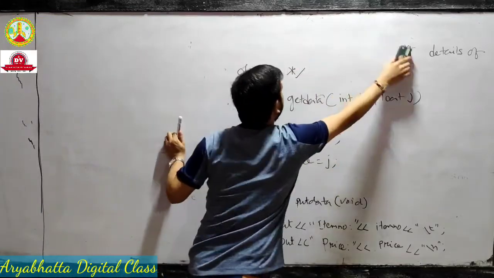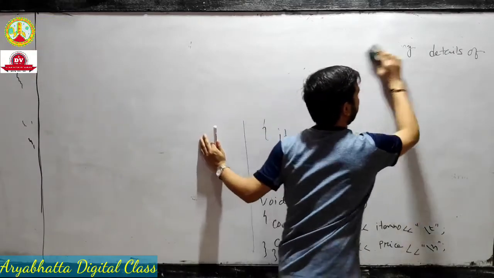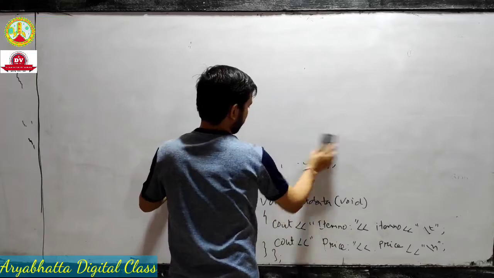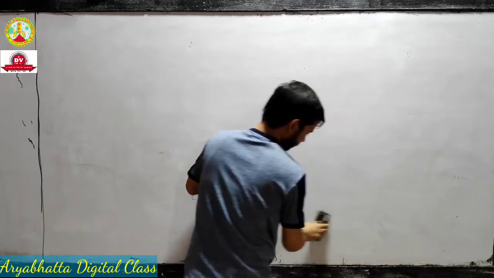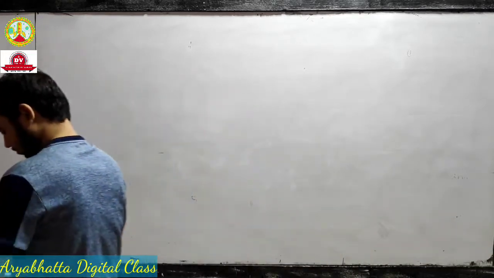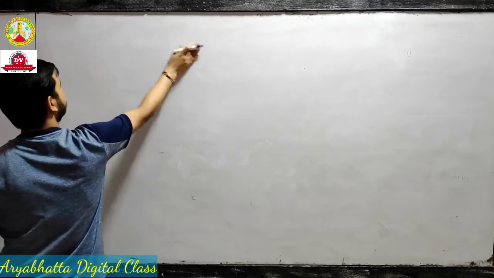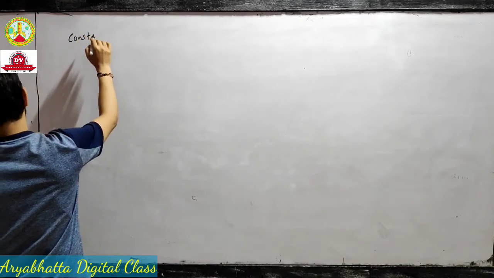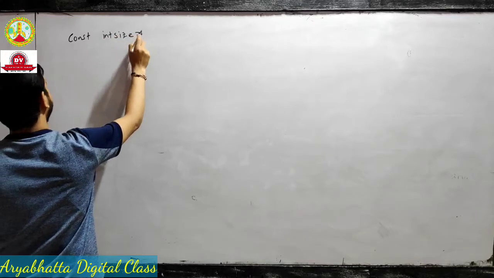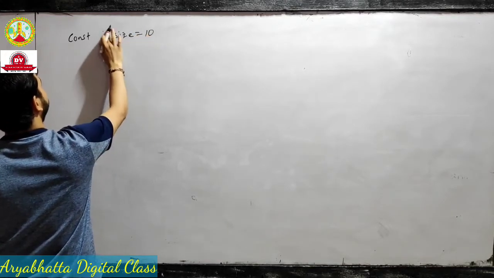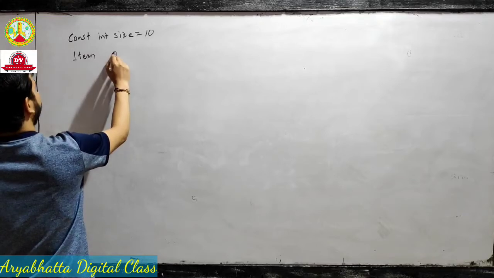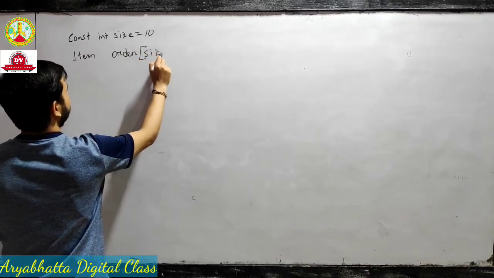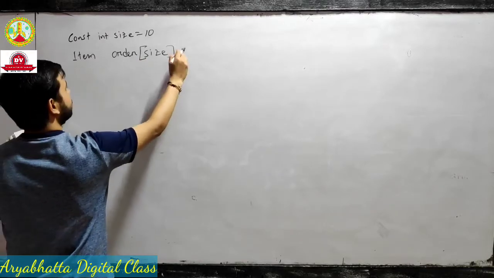Next is constant int size 10, and here you see item order is the object and size is the array concept.